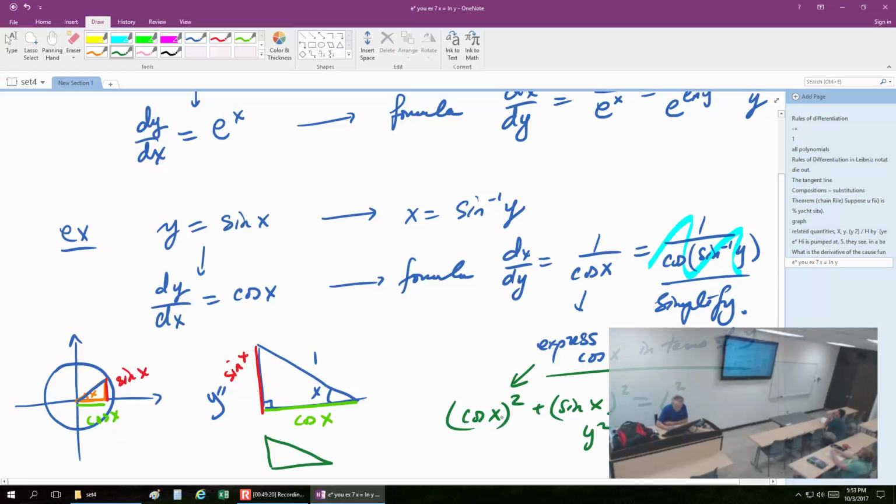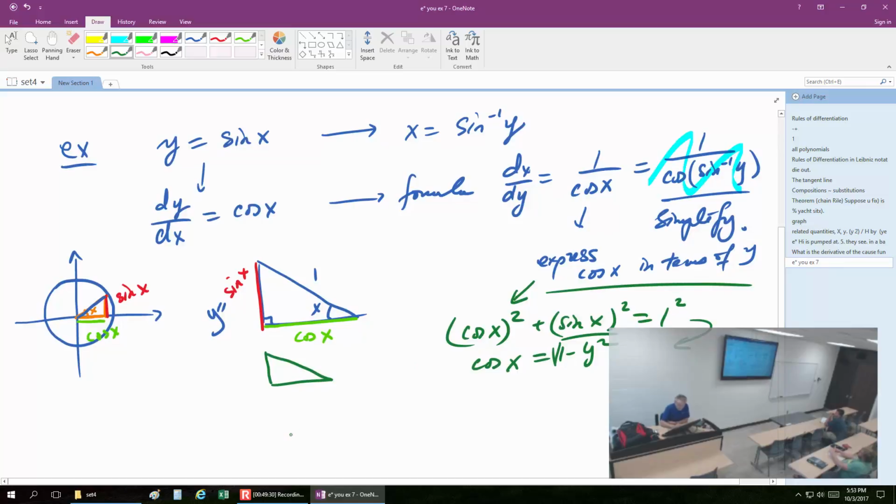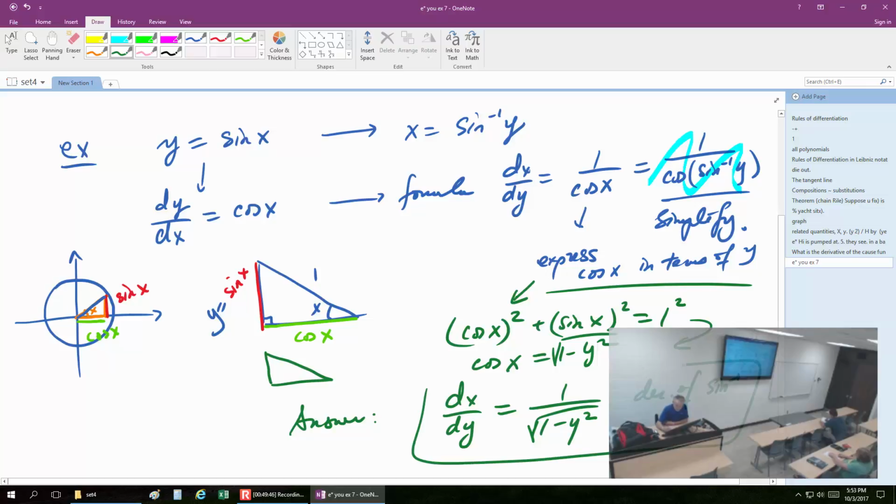So cosine x is equal to the square root of 1 minus y squared. So all of a sudden the answer is dx/dy is 1 over the square root of 1 minus y squared. So that is the derivative of arc sine. The derivative of arc sine is this little fraction.